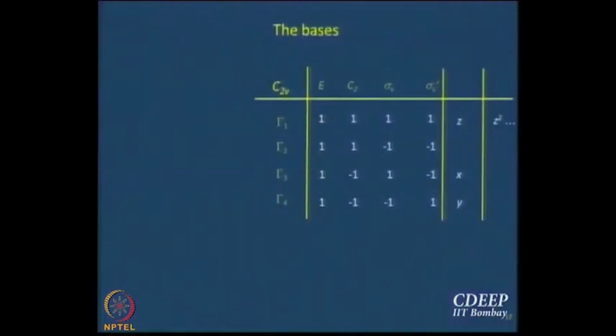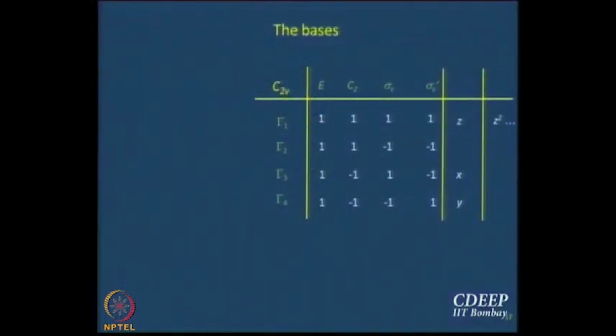It has to belong here, gamma 1. It cannot change sign, isn't it? X square cannot change sign. Y square will also belong there and z square will of course belong there. That is not the case everywhere. It is the case here, but that is not the case everywhere. Okay. So, all the square terms will belong here.